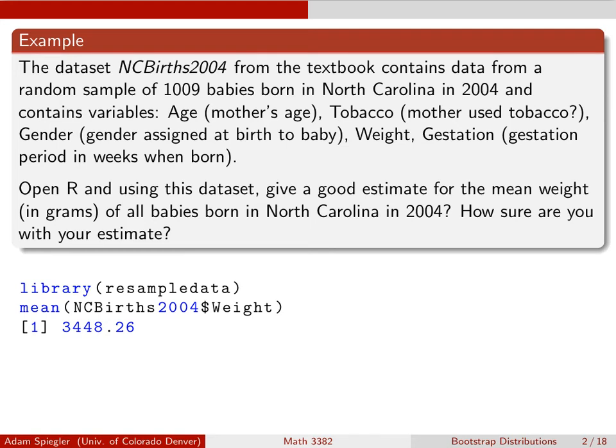And what we see here is that the mean weight of newborns was 3,448.26. And here what we should note is that we're measuring this in grams.